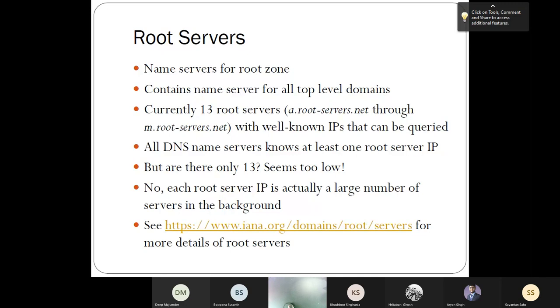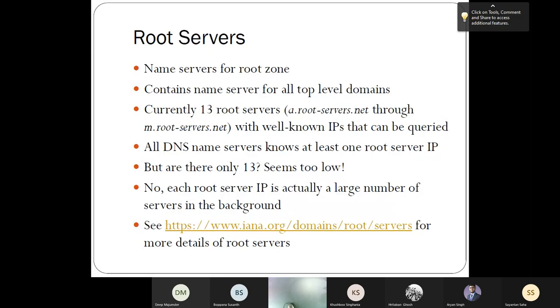Then you go to com, which will have the name server IP for c.com. c.com will have the name server IP for b.com. So nobody will have the entire thing, but everybody will have something that can redirect you to who can do it.